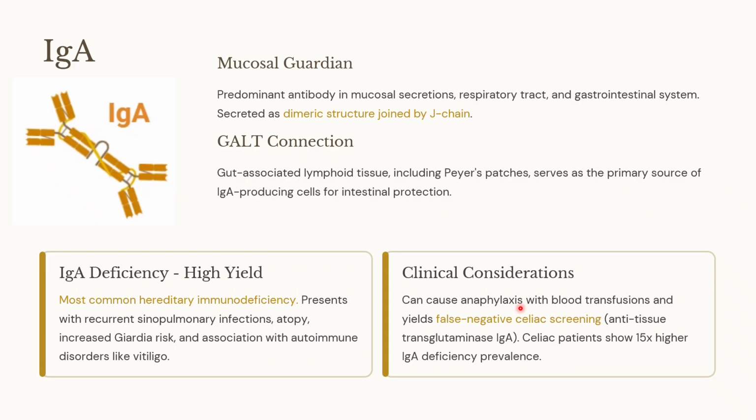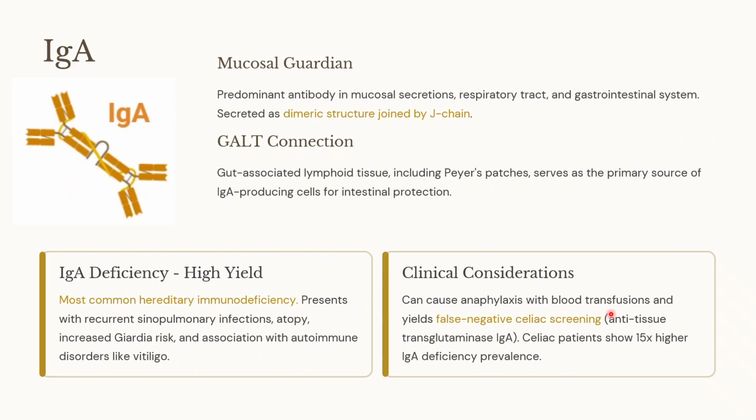The recipient now begins to produce antibodies against IgA, that is anti-IgA antibodies. It will be mostly IgE antibody against the IgA. Therefore, the excess of IgE antibody which is developed against the donor IgA can cause anaphylaxis with the blood transfusions. This is the first point.